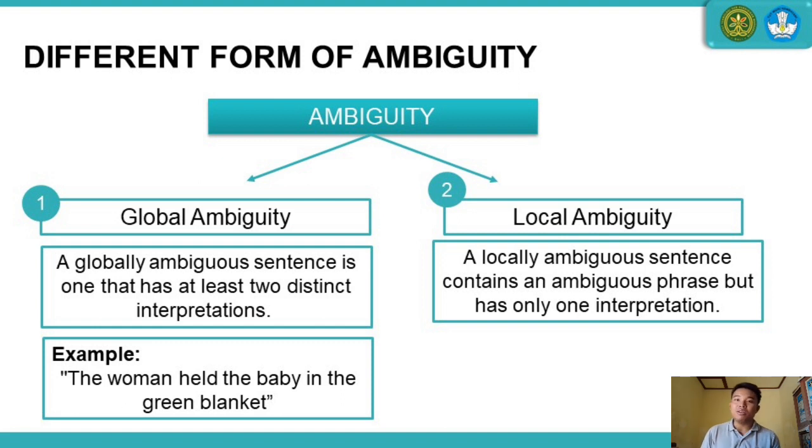In global ambiguity, it is hard to find the perfect interpretation because there is no extension that can explain the sentence itself. Meanwhile, in local ambiguity, it is easy to understand the meaning after we read the full sentence, because there is an extension that explains it.